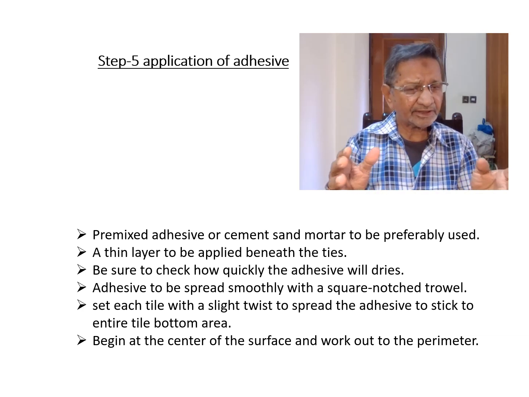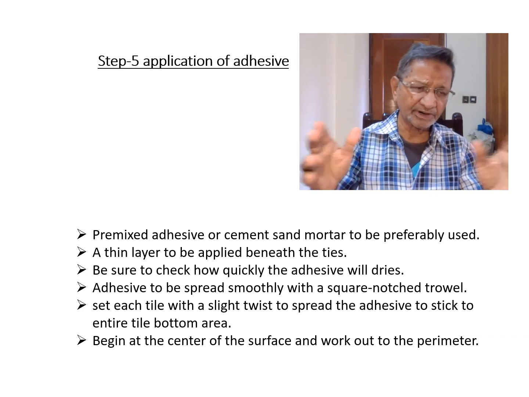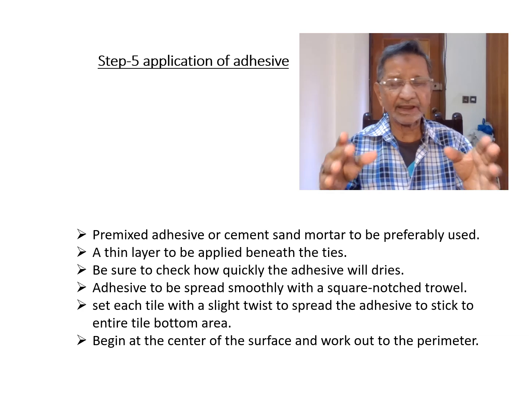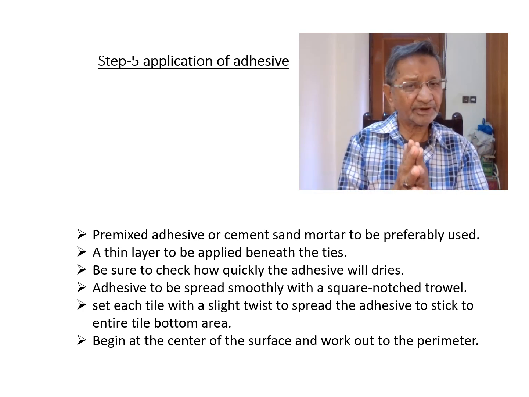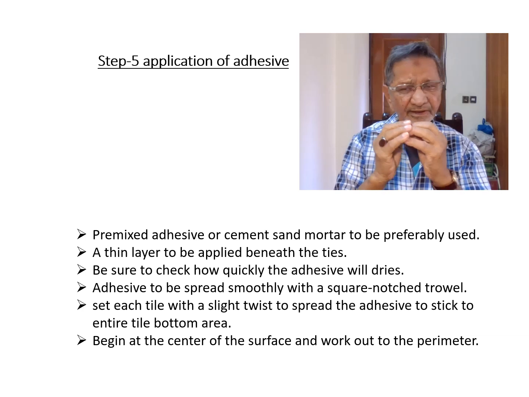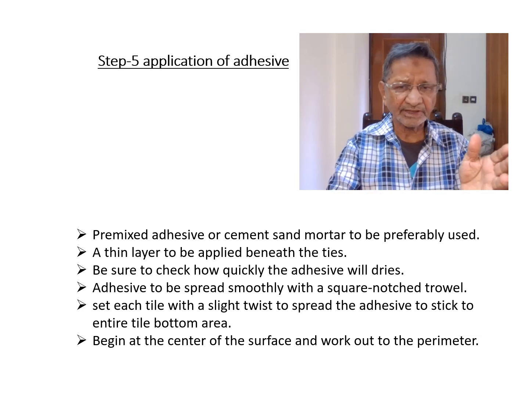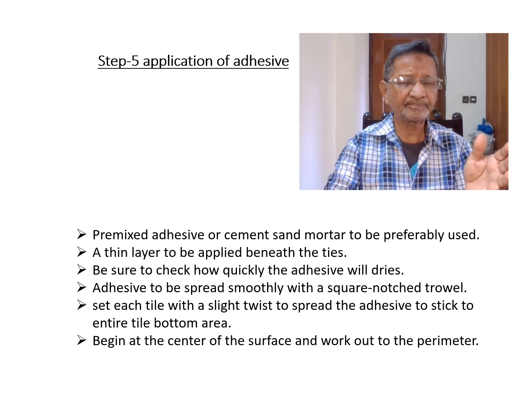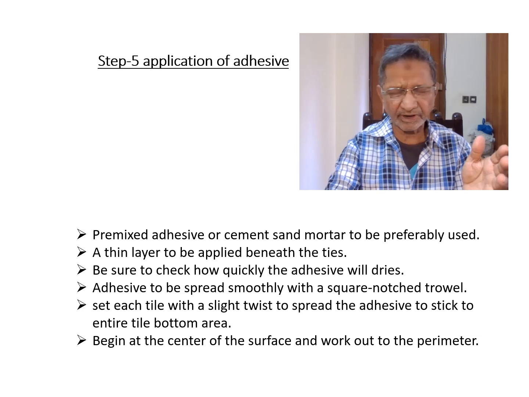Begin the tiling at the center of the surface and work outwards to the perimeters to maintain the alignment and symmetry of the tiles. I mean, you have to lay the tiles in a professional way so that all the tiles are laid in the proper way and look nice.